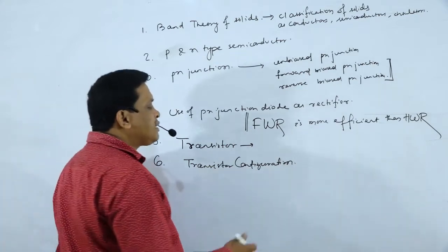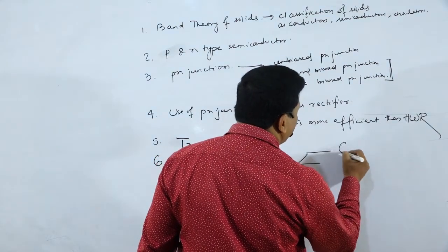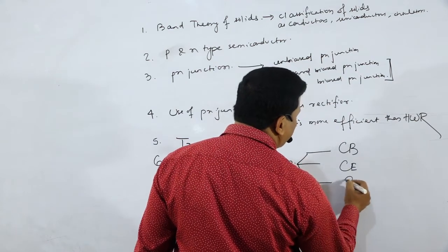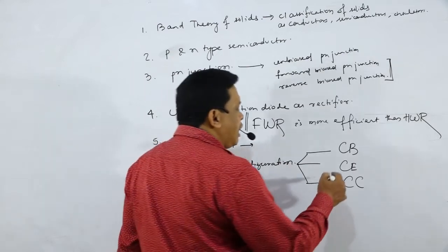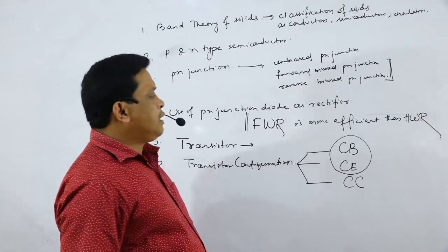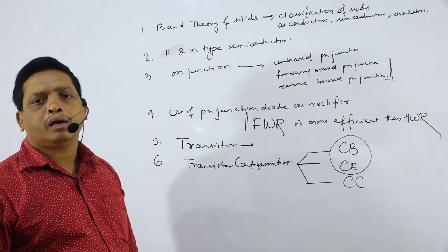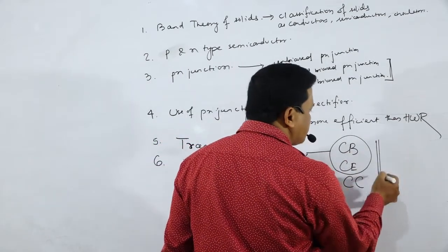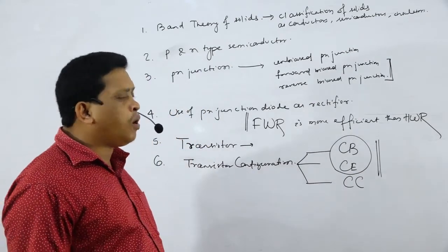Accordingly, there are 3 types of transistor configuration: common base, common emitter and common collector. I explained the working of the transistor under common base configuration and common emitter configuration. We compared their current amplification factors, their input characteristics, output characteristics, all these things.